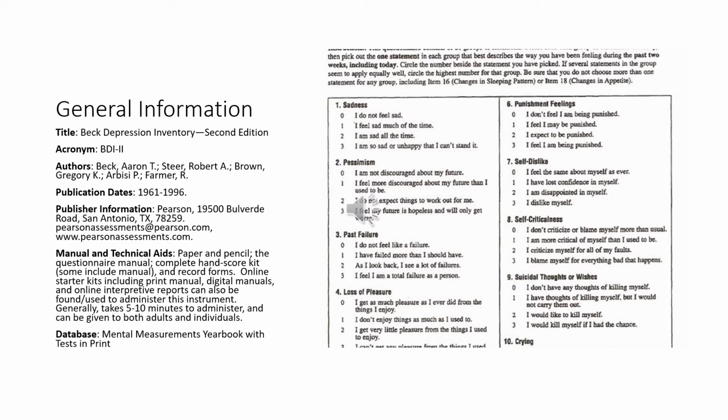Those are extra materials that you would need to perform the instrument. Generally, it takes about 5 to 10 minutes to administer, and it can be given to both adults and adolescents. The database in which I got my research was the Mental Measurements Yearbook and Tests in Print.